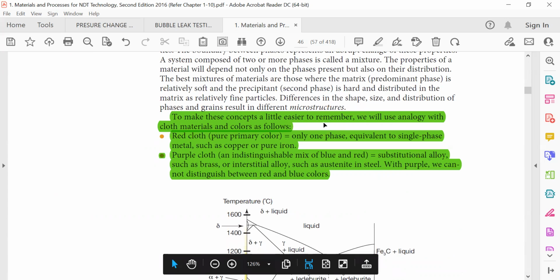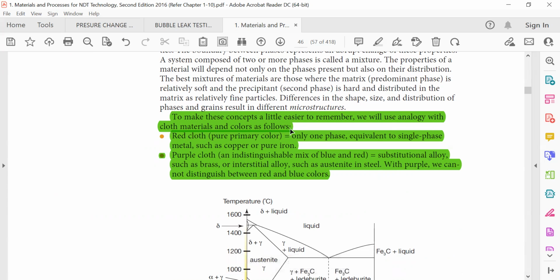To make the concept a little easier, we will use an analogy with cloth material colors. Red cloth, pure primary color, only one phase, equivalent to a single phase. Purple cloth, an indistinguishable mix of blue and red, as substitutional alloys such as brass, interstitial alloys such as austenitic stainless steel.